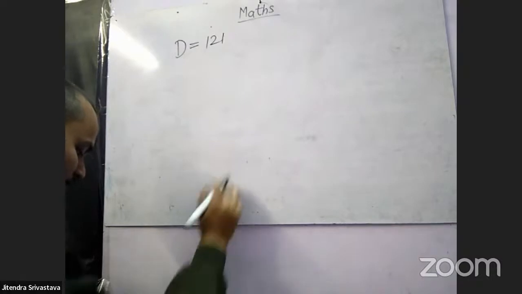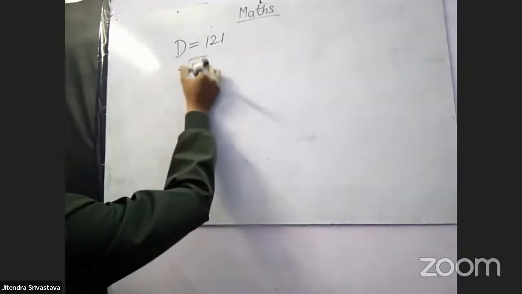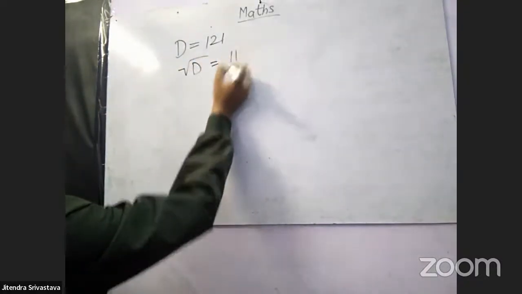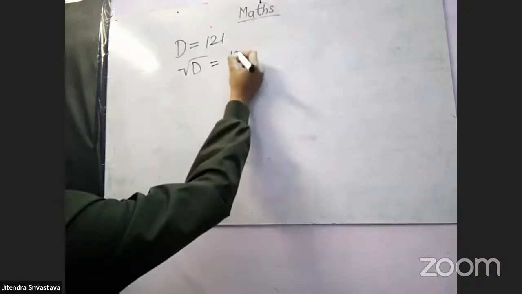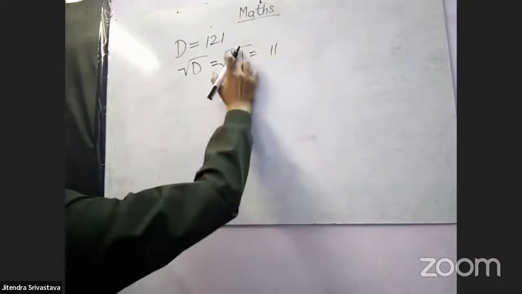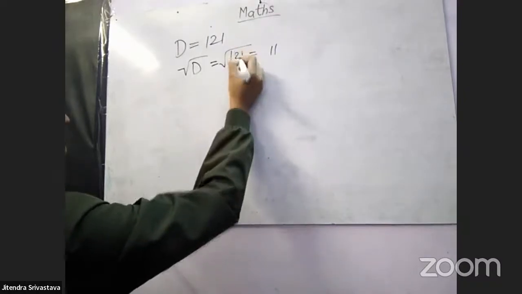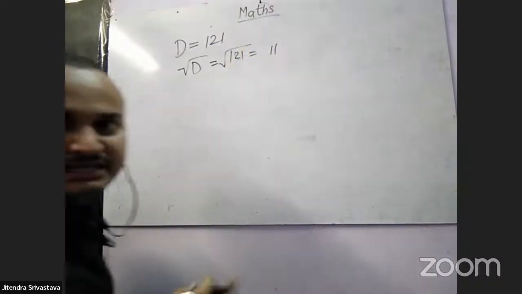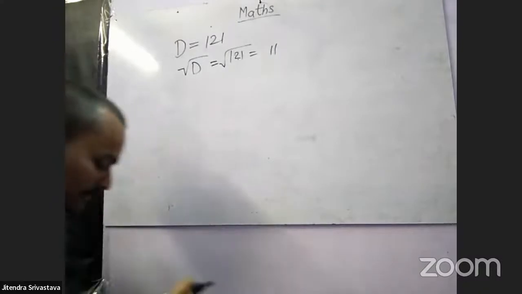So now under root d equals 11. You can write under root 121 and you will get 11. So the value of under root d is 11 here.